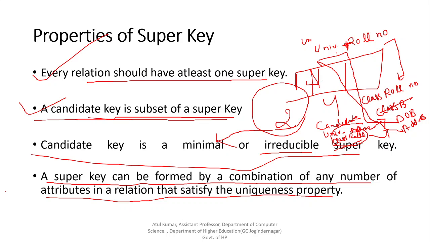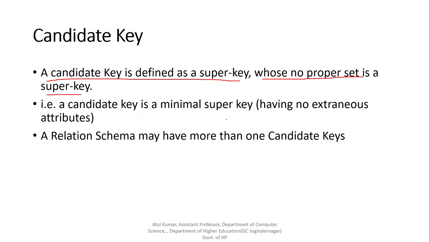So these 2 attributes are a subset of the attributes in the super key. Another definition is that a candidate key is a super key whose no proper subset is a super key. That is, a candidate key is the minimal super key that I have discussed earlier, having no extraneous attributes.